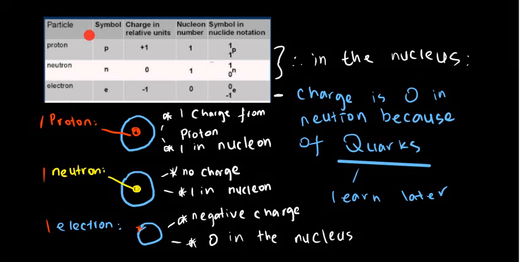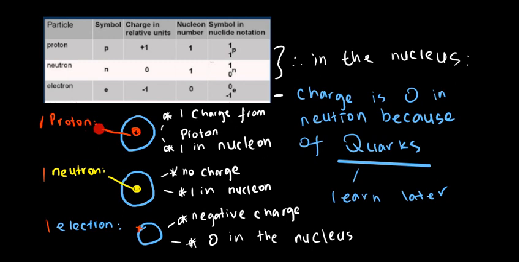The particle, let's say a proton, a singular proton, say 1 proton. Imagine an atom that only has a proton in it. So how much charge is it going to be? I said in part 1 that the proton is a positive charge. So it's going to be plus 1 charge from the proton.